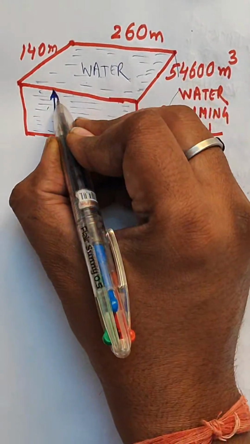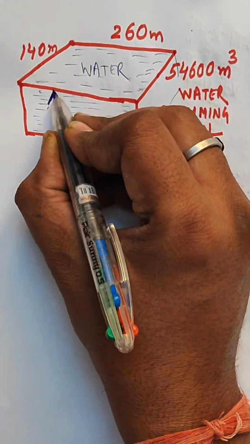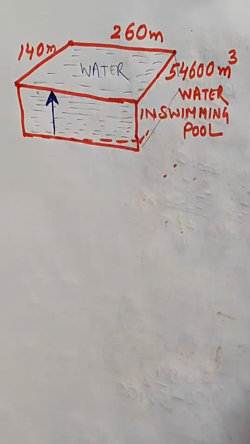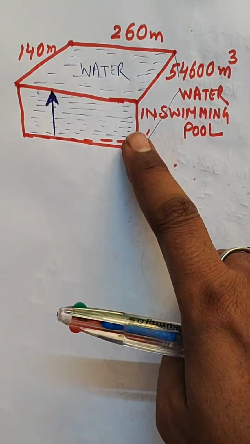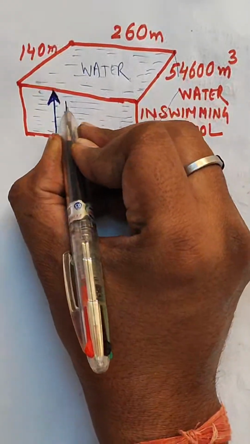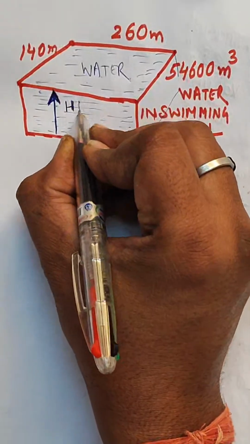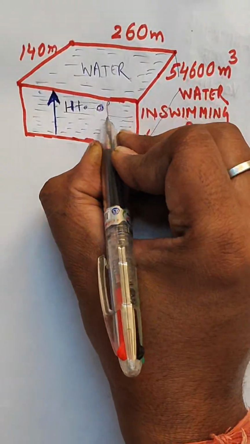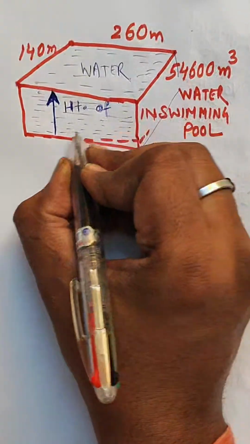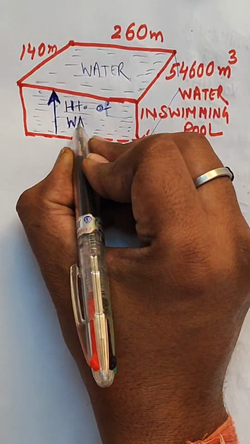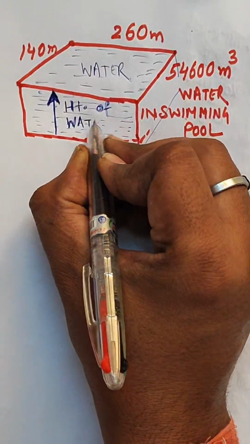The height of the water level which you are able to see but not able to measure can be calculated very easily. The height of water level we are going to calculate.